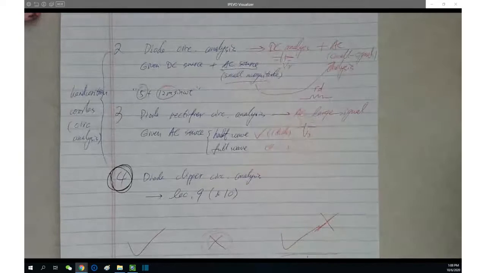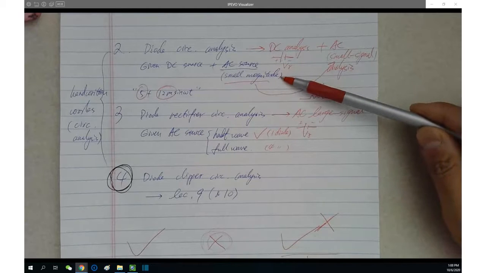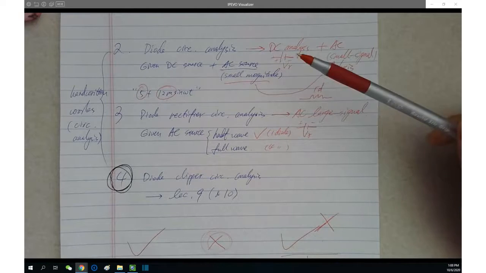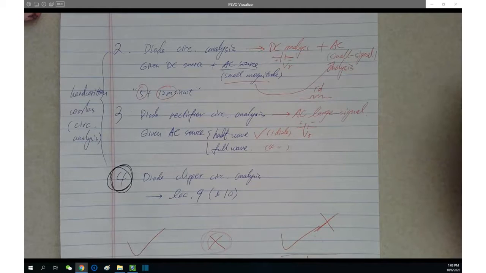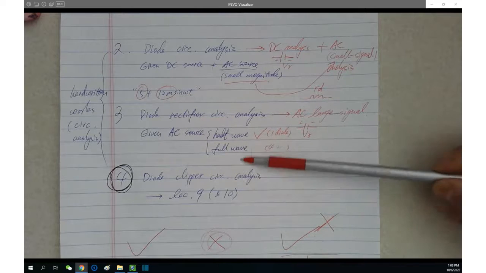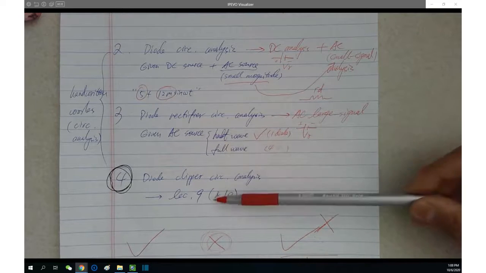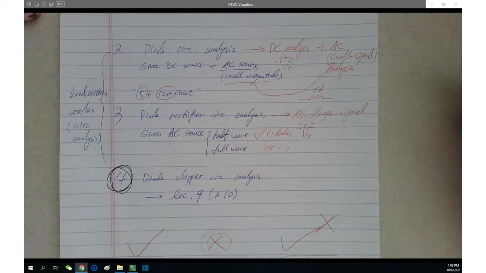In problem 2, the DC and AC small signal circuit, if students don't use the diode and clipper circuit analysis procedure, of course you're going to end up with a messed up answer. Conducting the DC analysis or even the AC small signal analysis in these two problems, you're absolutely messing up.